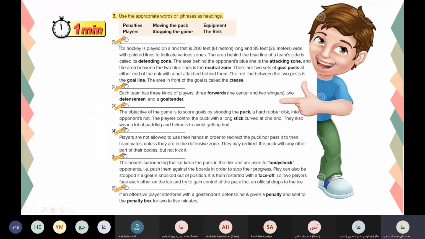Look here. About the rink. The puck. Yes, about the rink. Ice hockey. Read it, please, Ahmed. Read the first paragraph quickly. Ice hockey is played on a rink that is 200 feet by 85 feet, 26 meters wide, with painted lines to indicate various zones.